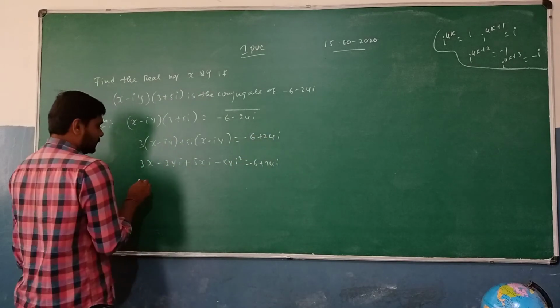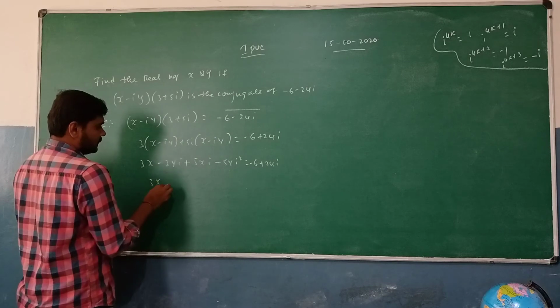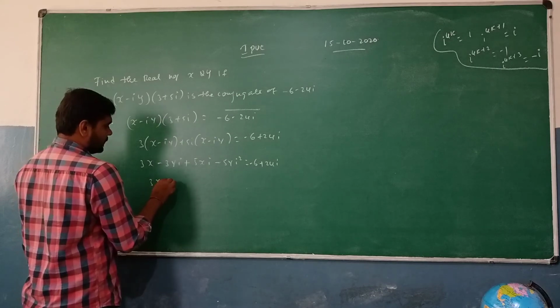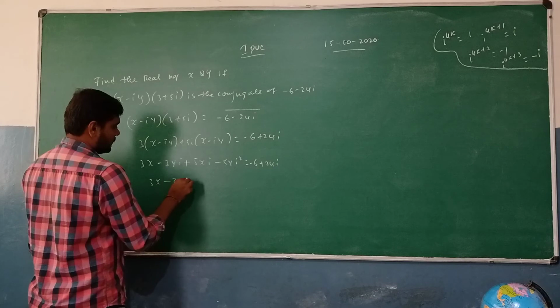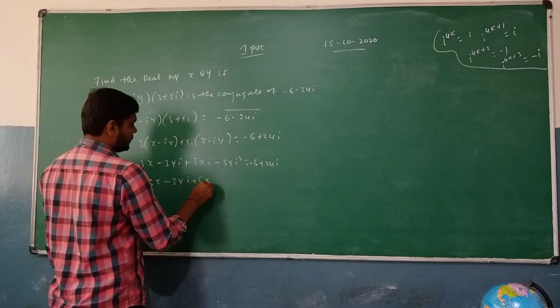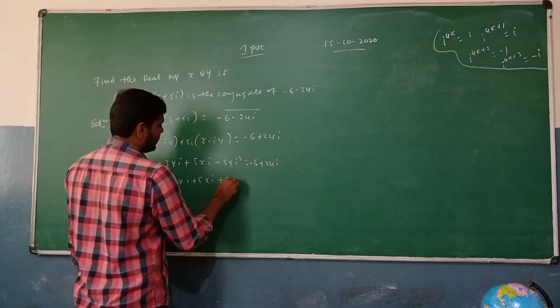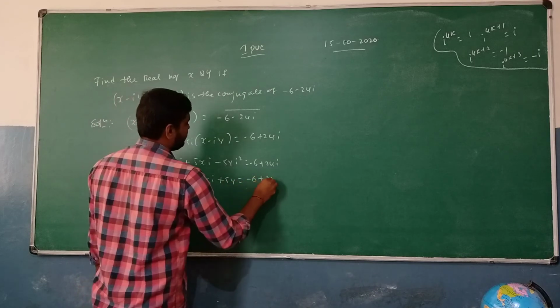That is 3x minus 3yi plus 5xi, plus 5y, which is equal to minus 6 plus 24i.